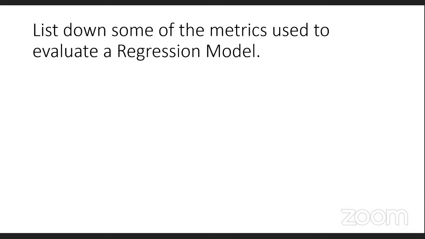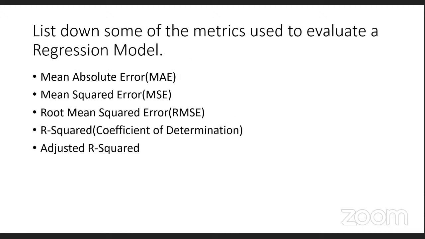For the regression models, these all are the evaluation metrics that we are going to use for evaluating the regression models. First that is mean absolute error, mean squared error, root mean squared error, R square and adjusted R square.